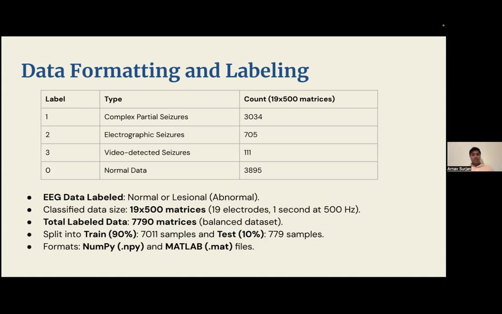We then formatted the data into 19 by 500 matrices, the 19 representing the 19 electrodes and 500 for 1 second at 500 hertz. We had a total of 7,790 matrices, and we split this data set into a 90-10 train test split and formatted using NumPy and MATLAB.